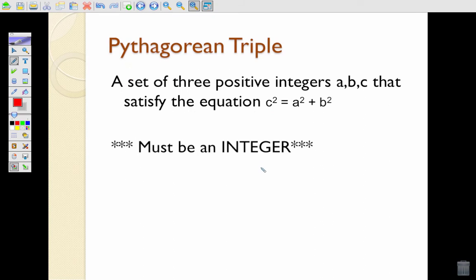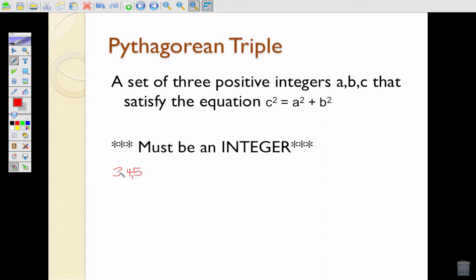Okay, Pythagorean triple may be a new vocabulary word for you. A Pythagorean triple is just a list of 3 side lengths that fit in the Pythagorean theorem. So they meet a squared plus b squared equals c squared, but all of the numbers are integers. One very common example of that is our 3, 4, 5 triangle.